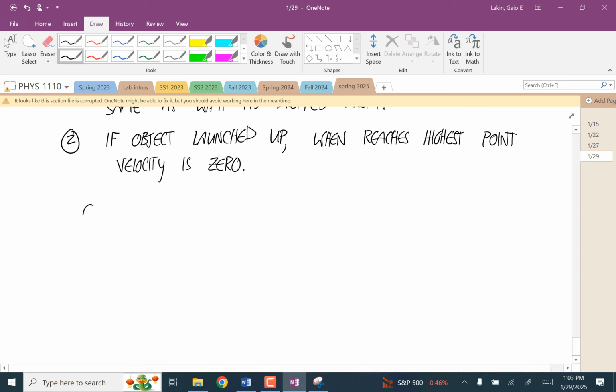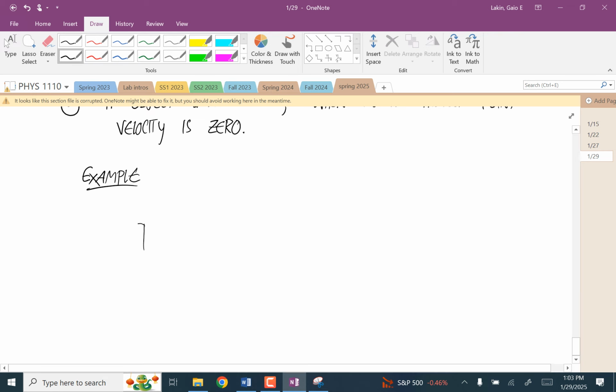Okay, let's do an example. So let's say that you're on a lowish bridge and you're curious how high it is. You don't have a long enough tape measure with you, but you have a rock or something and a stopwatch.